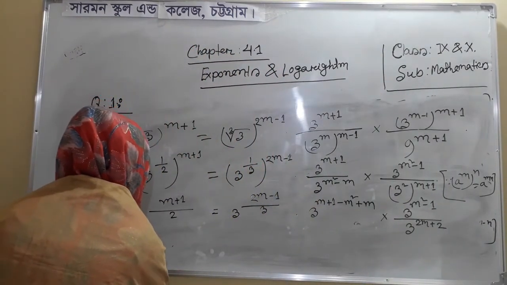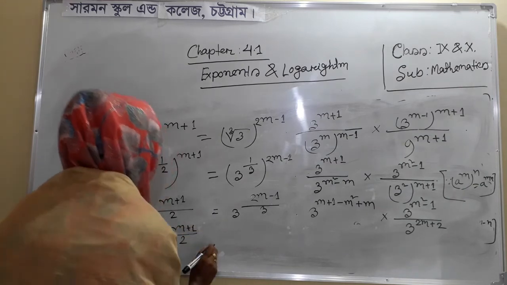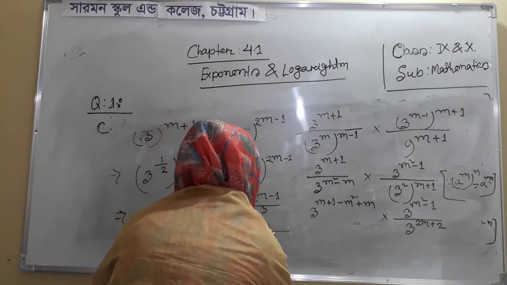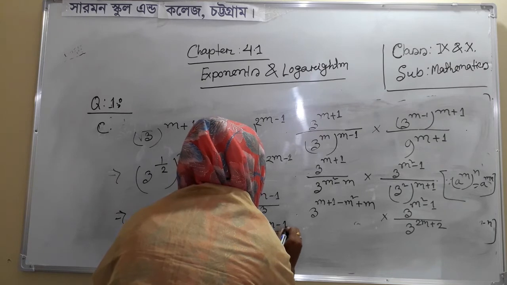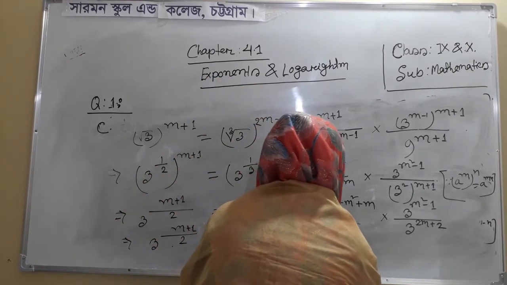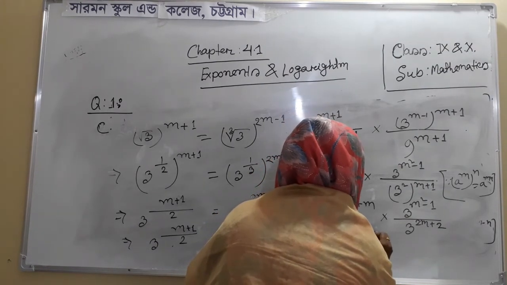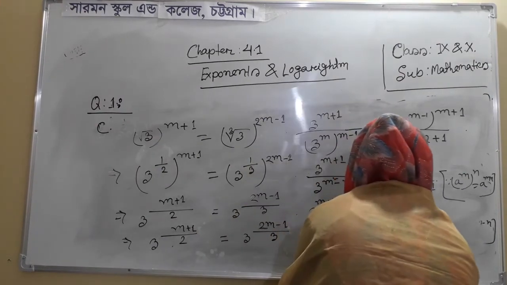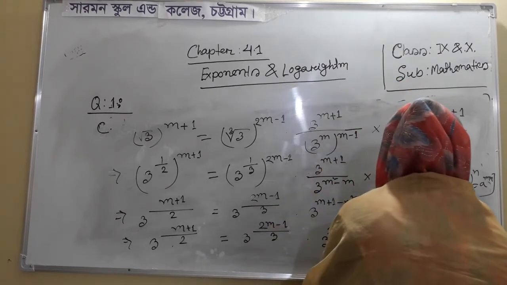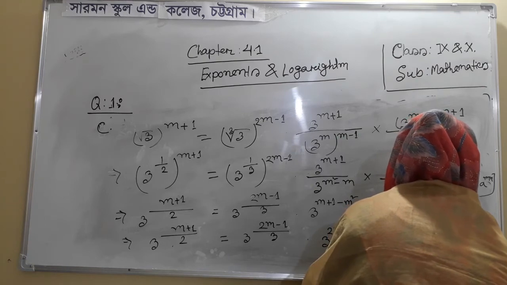Now 3 to the power m plus 1 divided by 2 equals 3 to the power 2m minus 1 divided by 3 into 3 to the power 2m plus 1 minus m square into 3 to the power m square minus 1 minus 2m minus 2.